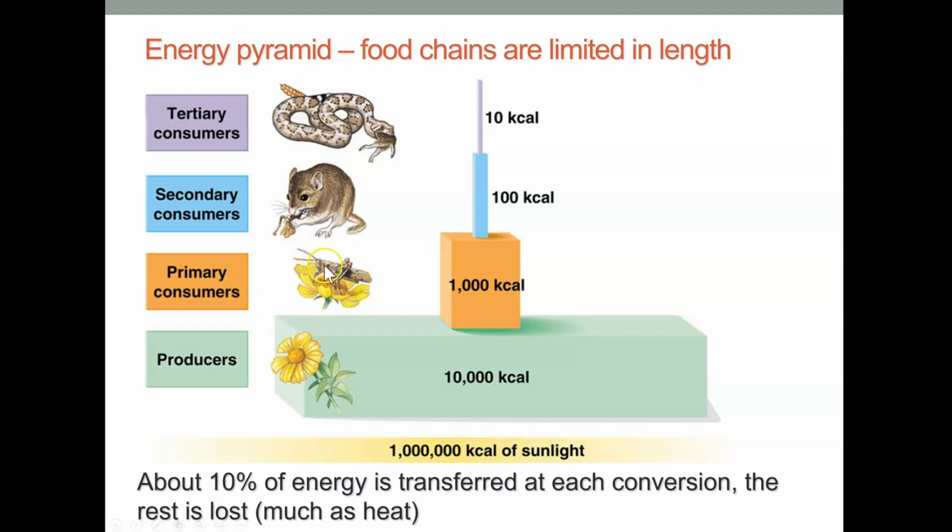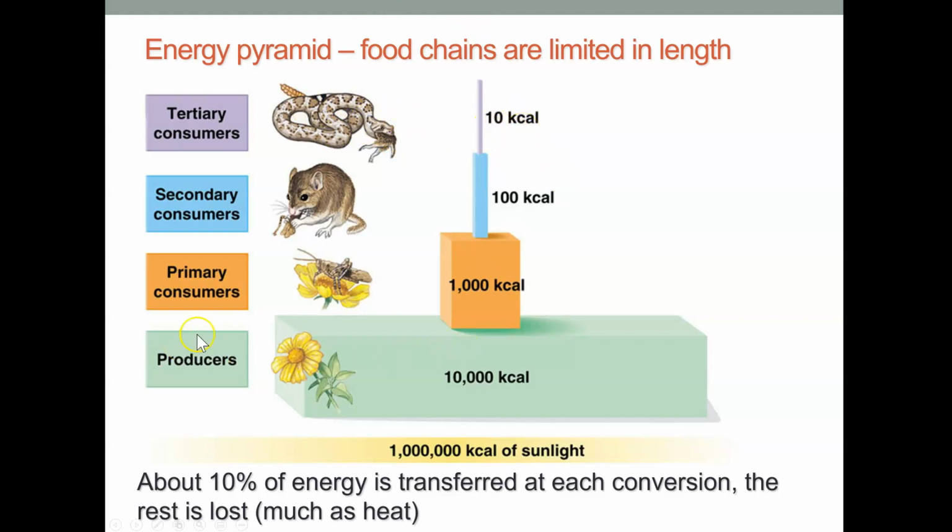And so most of that energy is lost. Only about 10% of that energy is carried on to those secondary consumers. And then, of course, this mouse is wasting a lot of energy chasing after the grasshopper, living its best life, and so on. And so when that snake eats the mouse, he in turn only gets 10% of that energy.